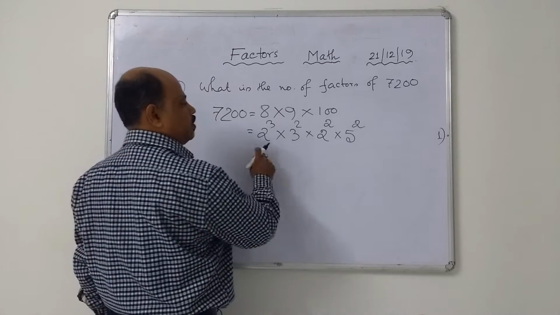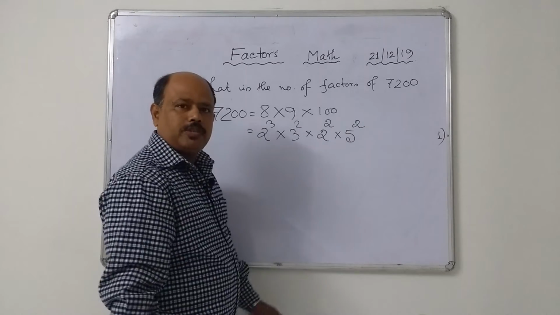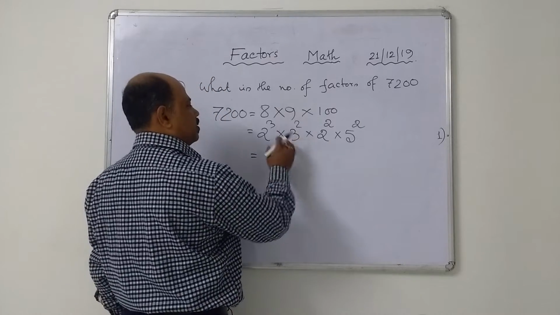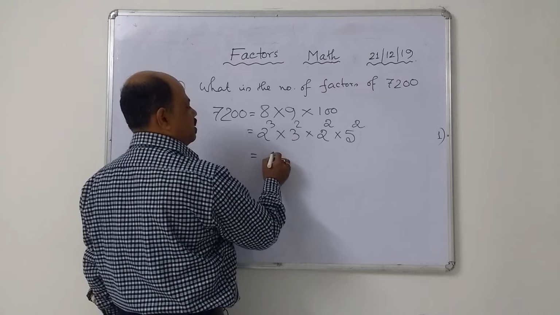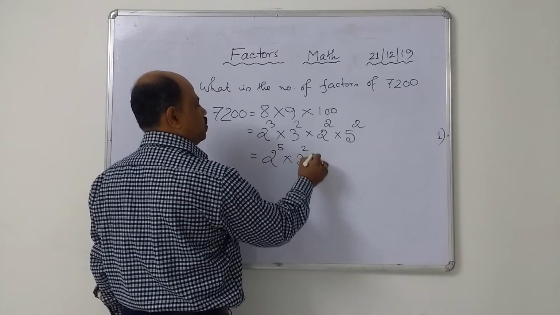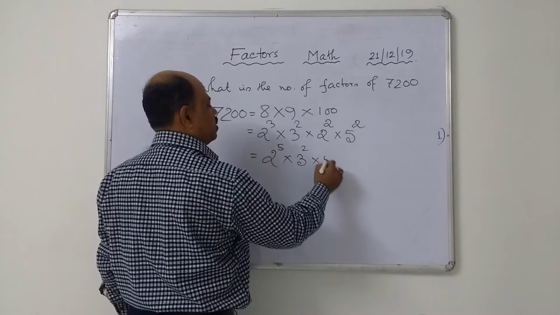Therefore, you check it. All base numbers are prime. Yes, all base numbers are prime. But simplify the expression: 2 to the power 5, 3 to the power 2 into 5 to the power 2.